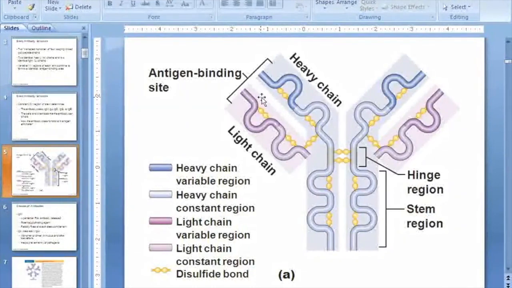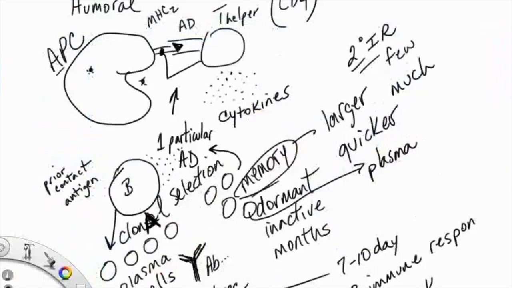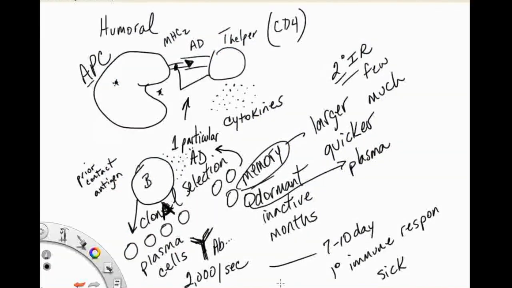What part of the bad guy? The AD, the antigenic determinant, right, Sherry? It would be made to fit that. That's how it works. So what it does is it neutralizes them. It grabs onto them and it renders them ineffective, or does some other things which we'll see in just a second.